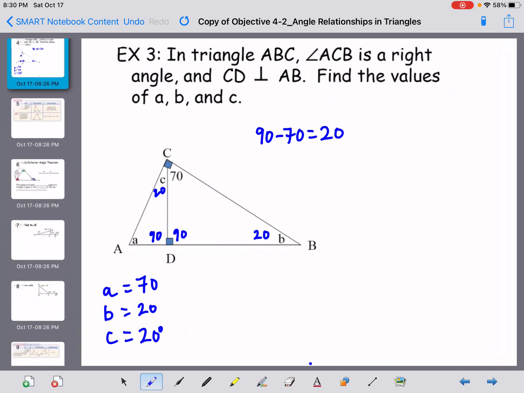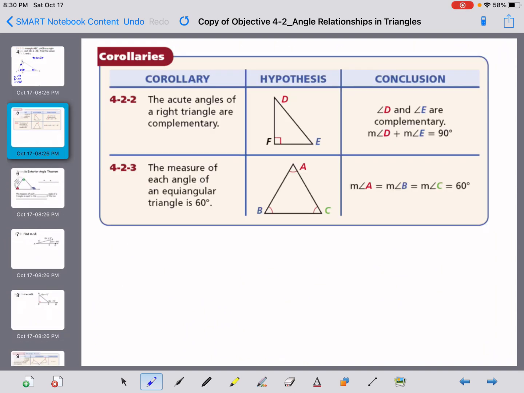So, let's remember we've got a couple of corollaries. Corollaries are just things that are true and we don't really have to prove them. If you forget them, it's okay. You can still solve these problems based off of 180 degrees, but these little corollaries might make your life a little bit easier. So if you have a right triangle, then your two acute angles that are left over would be complementary.